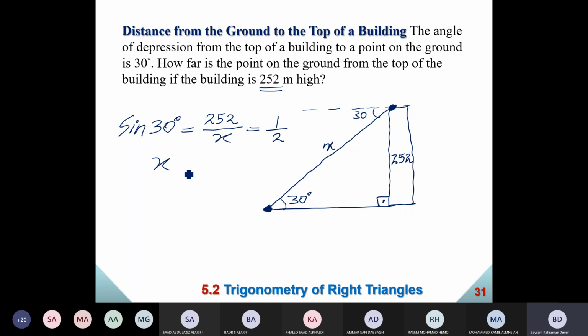And so the x is going to be how much? I guess 504. So 504 meters, yes.